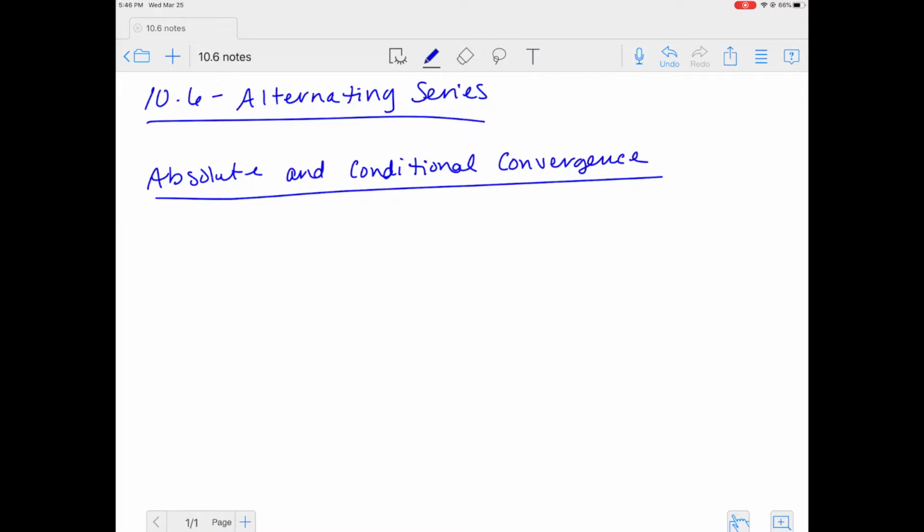Okay, absolute is literally the absolute value. If I have a series and I take the absolute value of that series, so these are absolute value bars, if that converges, then my actual series converges absolutely.